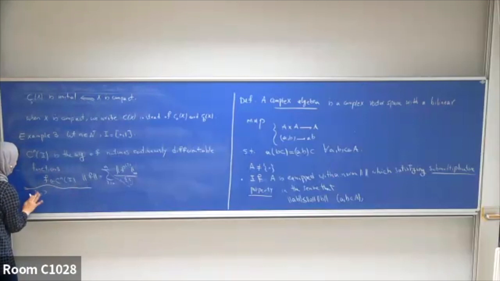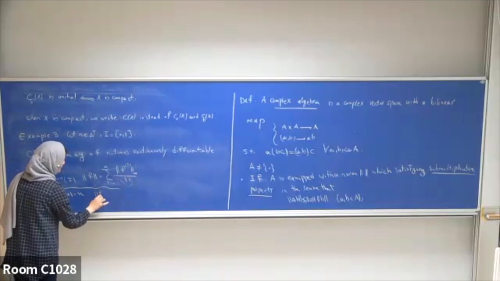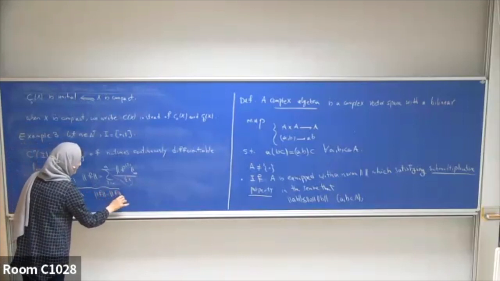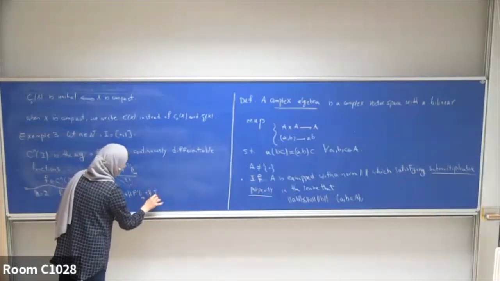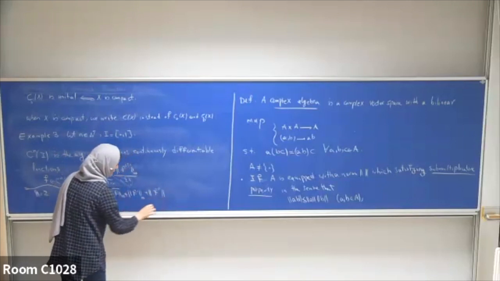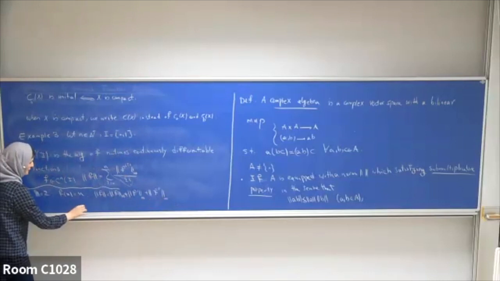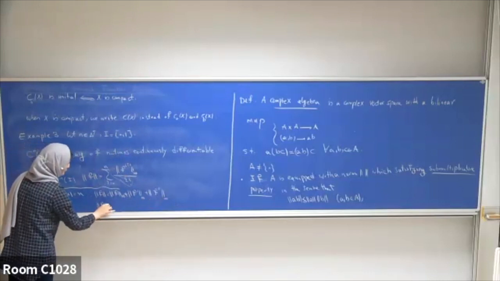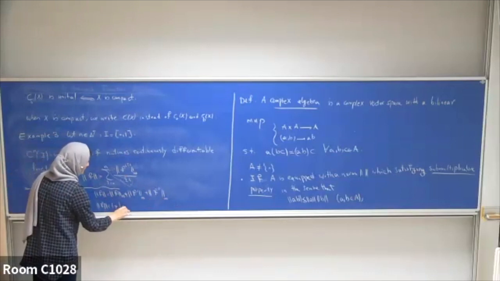Let n be 2, and f of x be the identity function. Without these coefficients, we have the norm of f is the supremum norm of f plus the supremum norm of f prime plus the supremum norm of the second derivative. So for f, the supremum norm of f is 1, the supremum norm of f prime is 1, and the second derivative is 0, so we have 2.